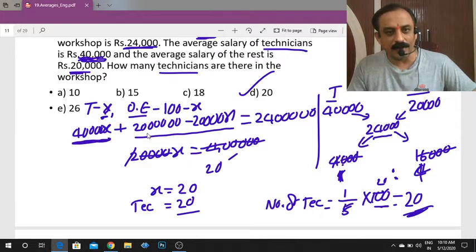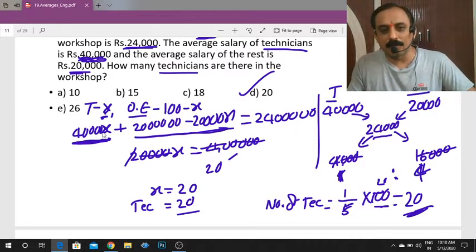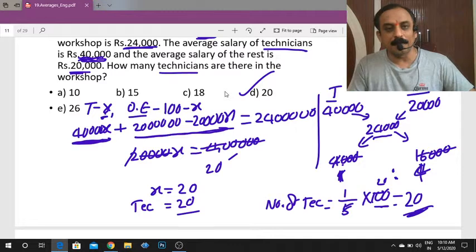So it is 20 lakh minus 20,000x. This is the total salary of technicians plus other employees. Now find the total of these two numbers. It is equal to the total salary of 100 employees. According to the question, what is the total salary of 100 employees?